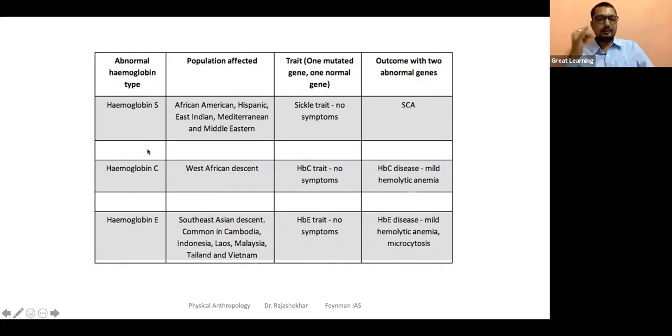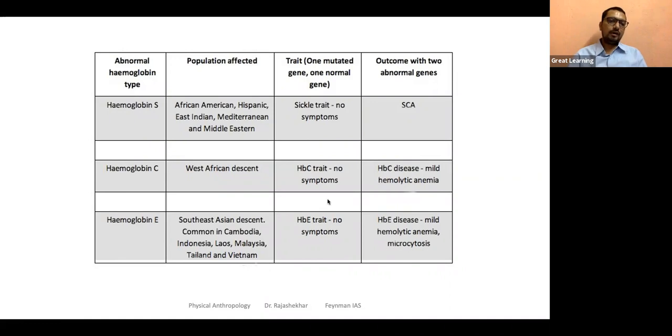So S variety, C variety. Similarly, we also have the hemoglobin E variety, found in Cambodia and Southeast Asia, Malaysia, Indonesia, Vietnam. This also leads to mild hemolytic anemia and also microcytosis, or tiny, small-sized RBCs that these people produce, smaller than usual.